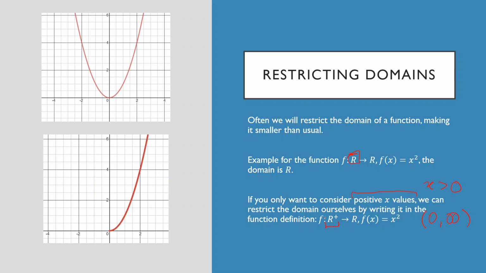Our domain is positive real numbers, and that excludes the number 0 because 0 is not positive. So when you sketch this yourself, you've got to make sure that you draw an open circle here at 0 to indicate that that point is not included on your drawing of the graph.